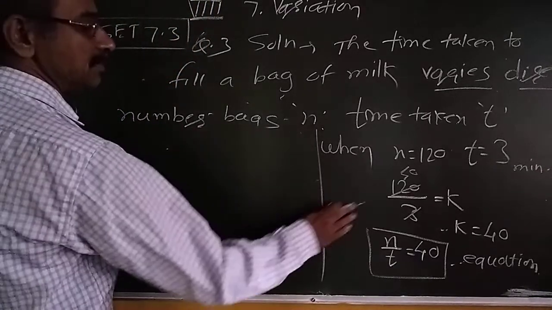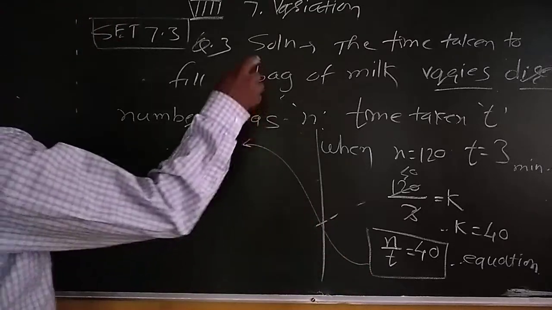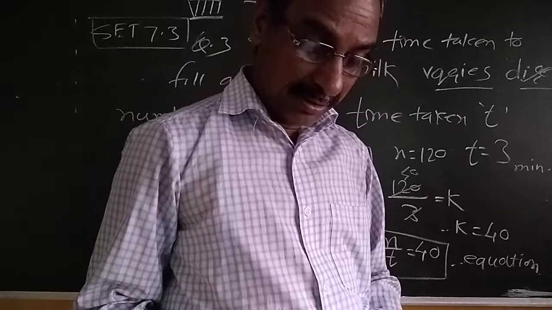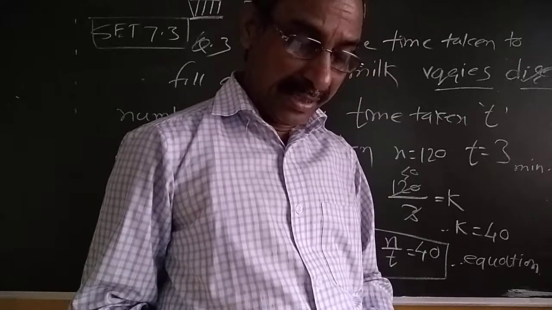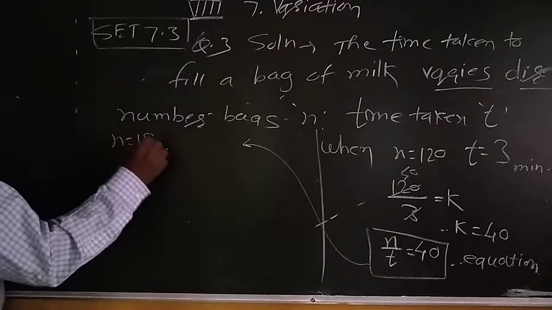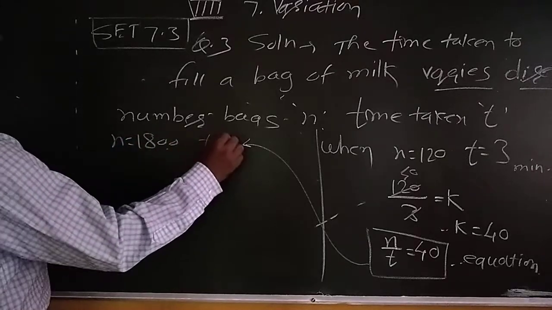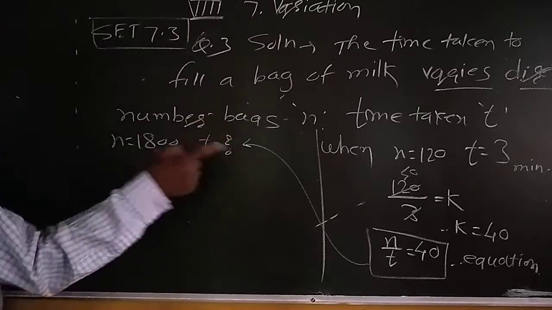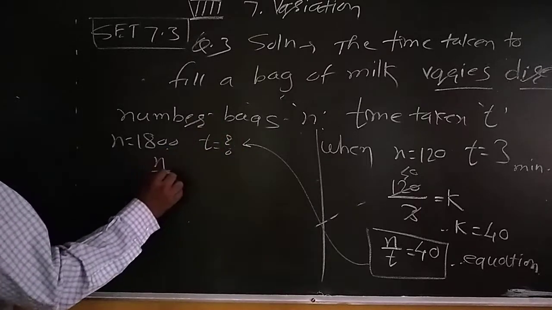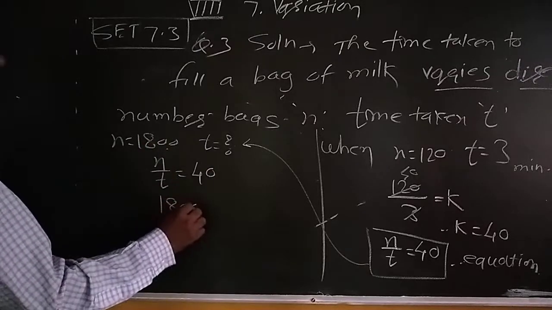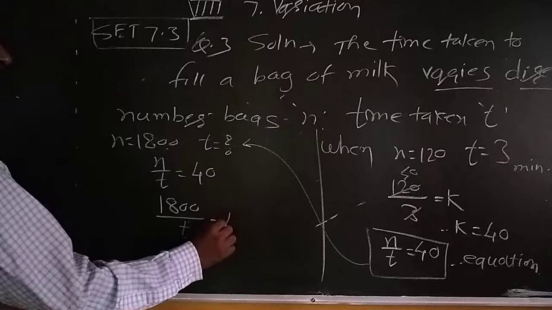In the next part, what will be given here? How many bags? To fill 1800 bags, N is equal to 1800. They ask what is the time required. So by taking that equation, N upon T is equal to 40, with N as 1800: 1800 divided by T is equal to 40.